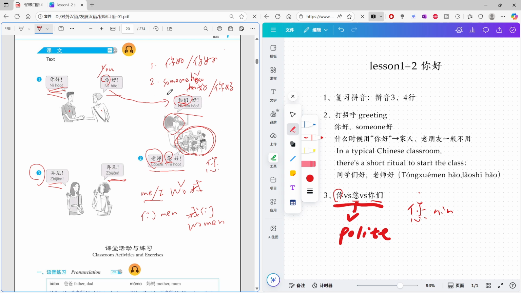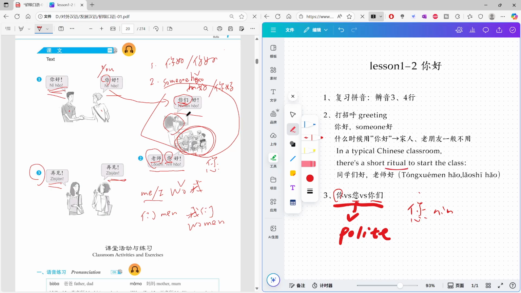And one interesting thing is when I see this picture, the classroom, the students and the teachers, this reminds me of my childhood when I was in school. When we were going to start the class we had a small ritual, which is the teacher would say 同学们好.